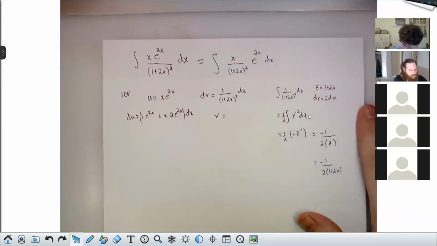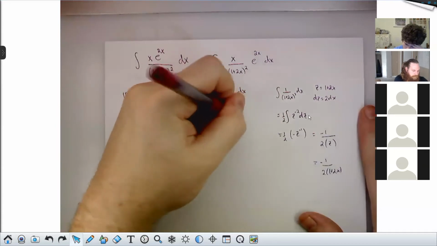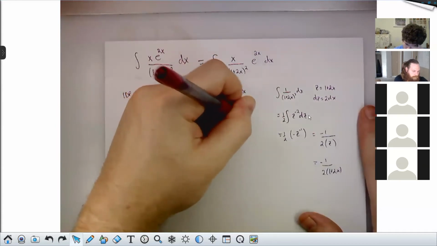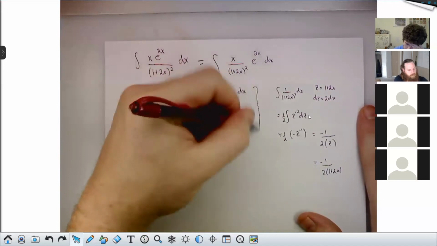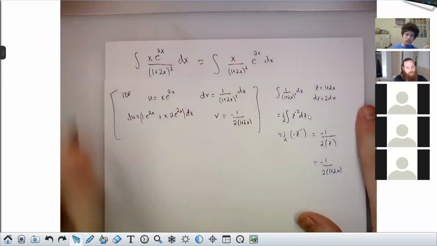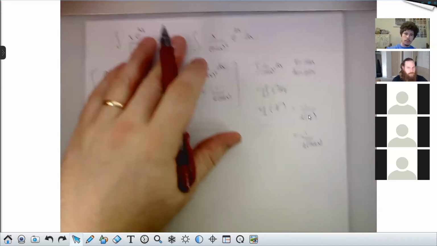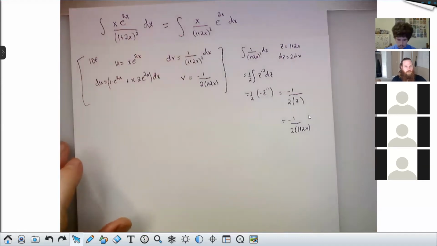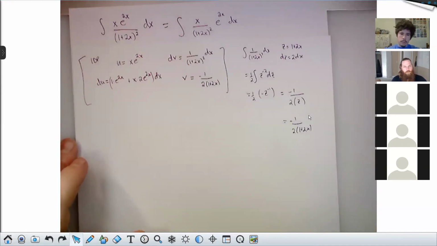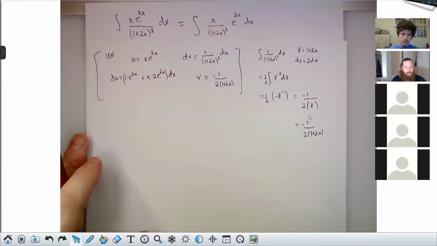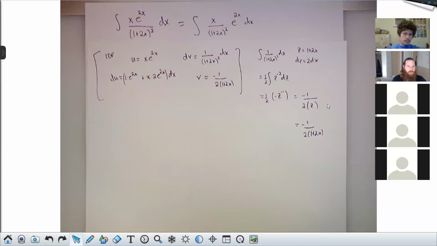All right, let's see what we get here. So here's my IBP table, and each of those steps was a little bit complicated. Going from u to du required a product and chain rule. Going from dv to v required a little u substitution, a not totally trivial u substitution.